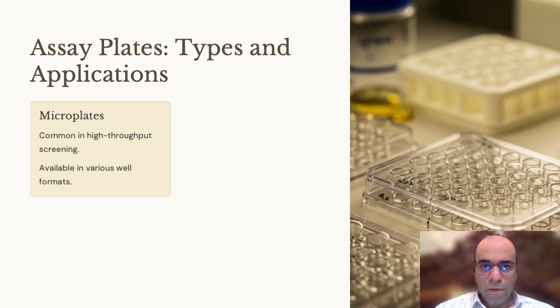Common in high throughput screening and automated systems, available in 6, 12, 24, 96, 384, and 1536 well formats. Materials include polystyrene, polypropylene, and cycloolefin polymers. Clear, white, or black options optimize different detection methods.